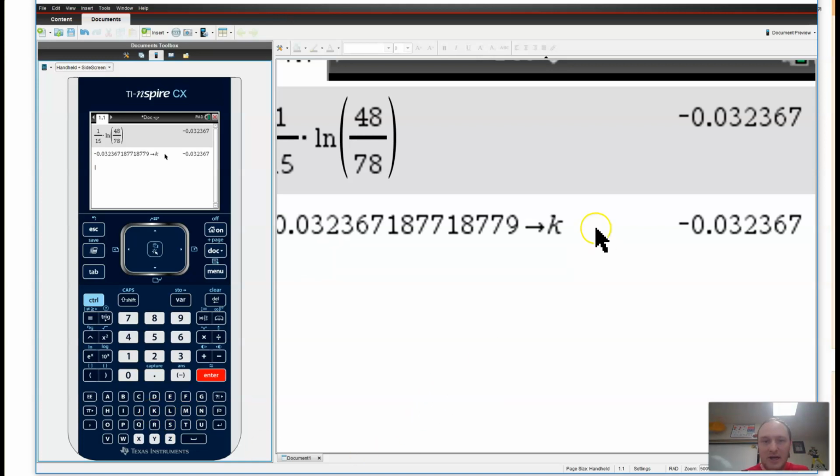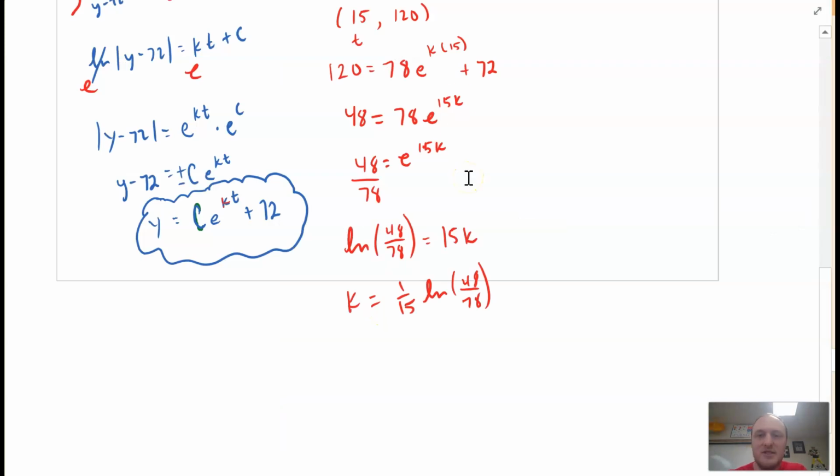I'll hit enter, and what they're telling us is that now if I use that variable k, it's going to represent this number. Okay, and I'll come back to that in a second. So this is approximately negative 0.032, but what we did was we stored the full value as k.